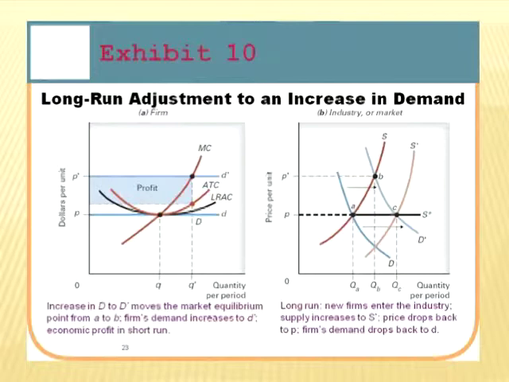The industry expands from quantity A to quantity B to quantity C. The price initially goes up from P to P prime, and then it drops back down to P again.